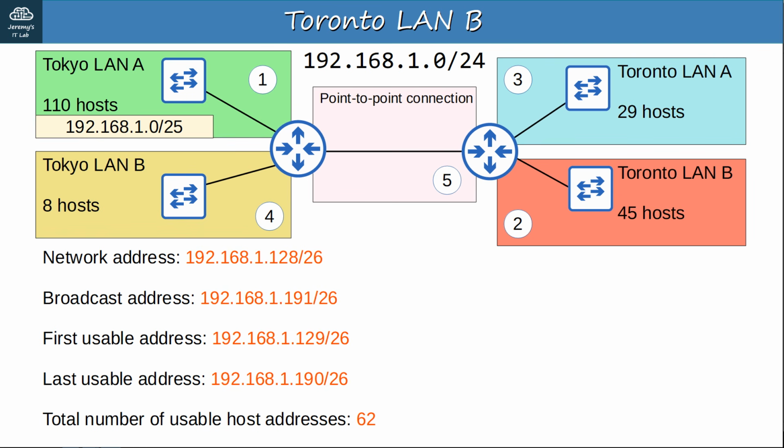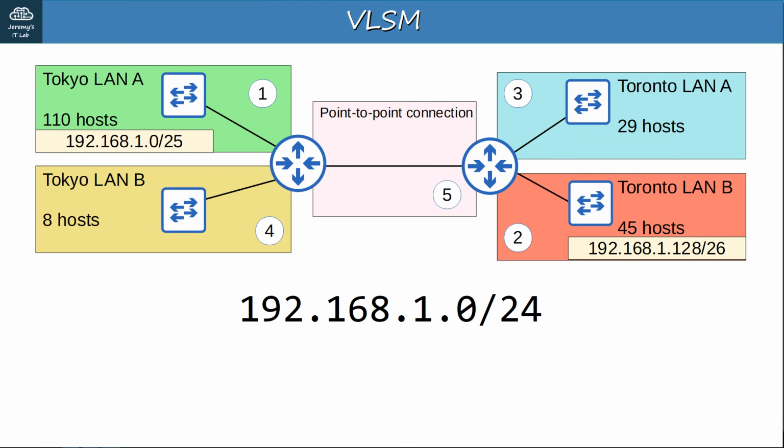For Tokyo LAN A and Toronto LAN B, we've used address space from 192.168.1.0 through 191. These two subnets take up 3/4 of the address space, but that's no problem.